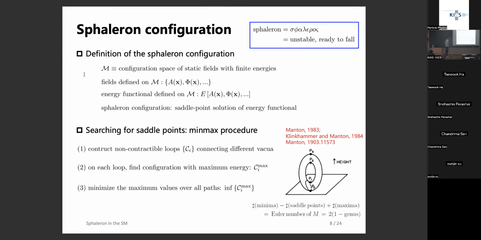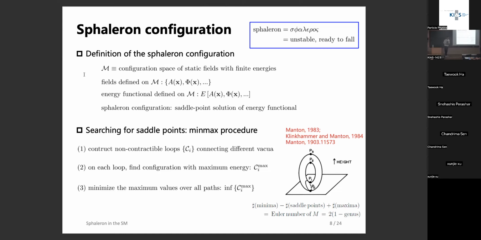For every loop, there is a point which has a maximum height, which is here. Then you include all of this set of non-contractible loops and find the minimum one of the maximum heights, which is pointed here. It's P1. So this corresponds to the saddle point, and it is the Sphaleron configuration we are looking for.